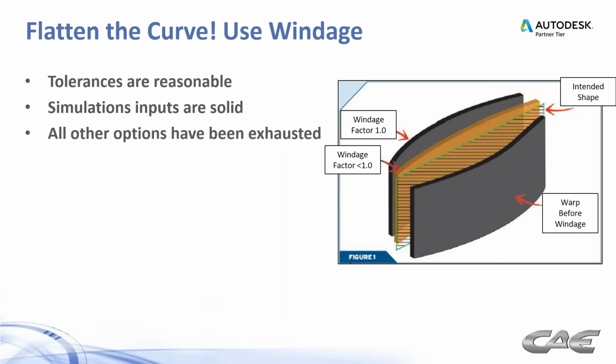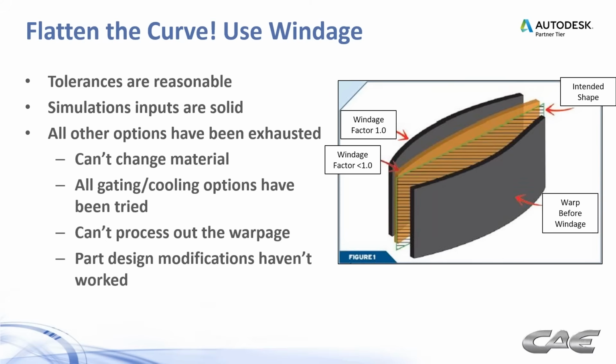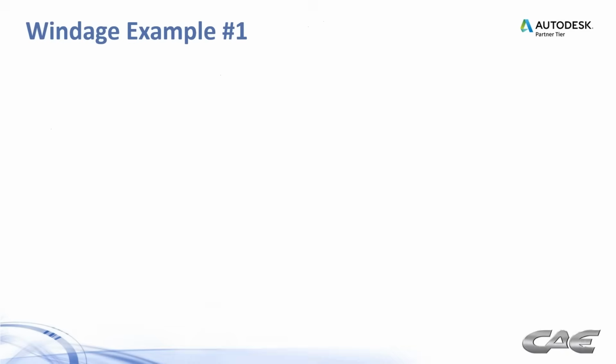When all other options have been exhausted, and you can't change the material, you've looked at all the gating and cooling options, you can't process it out, and the part design modifications haven't worked, these are conditions under which using windage is a good idea.